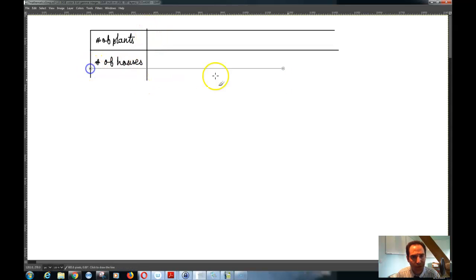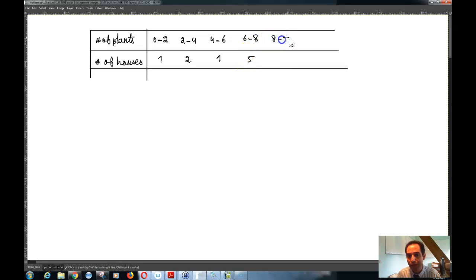So if that is the case, let's say that if the number of plants were 0 to 2, that corresponds to 1 house. 2 to 4, that corresponds to 2 houses. 4 to 6, that corresponds to 1 house. 6 to 8, that corresponds to 5 houses. 8 to 10, that corresponds to 6 houses.